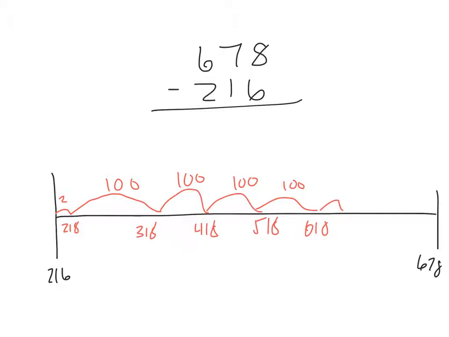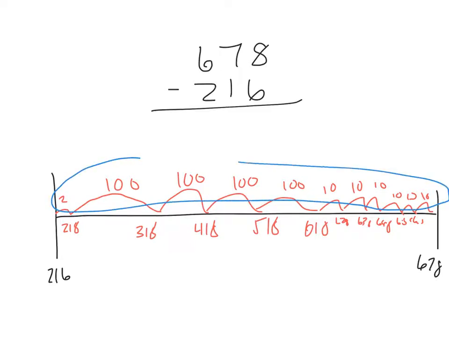I'm going to do 10 and 10 and 10. So 628, 638, 648, 10, 10, 10, 658, 668, 678. Now I'm going to add up all of these.